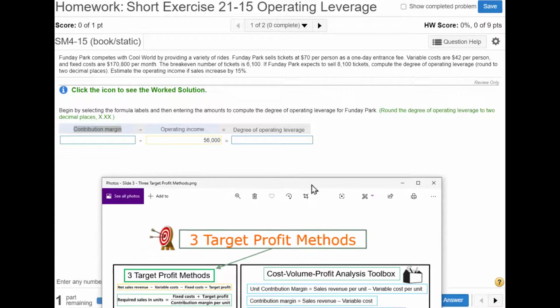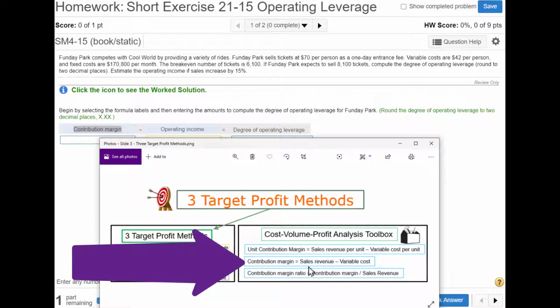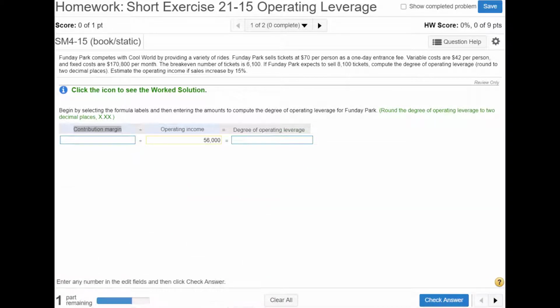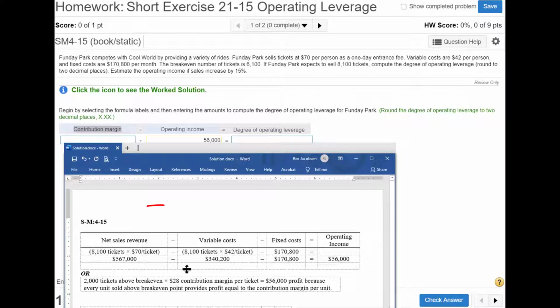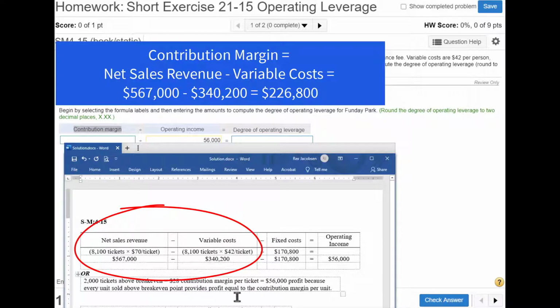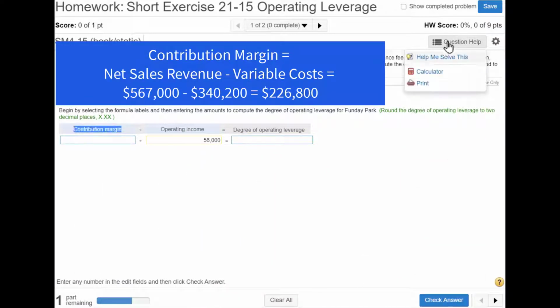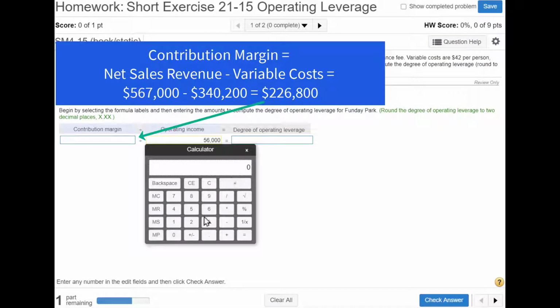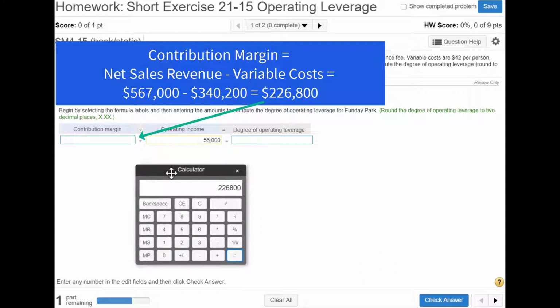Next we need to calculate our contribution margin. As a refresher, contribution margin is sales revenue minus variable costs, and we've already calculated those. I take 567,000 in net sales revenue and subtract 340,200 in variable costs, which gives us $226,800 of contribution margin.